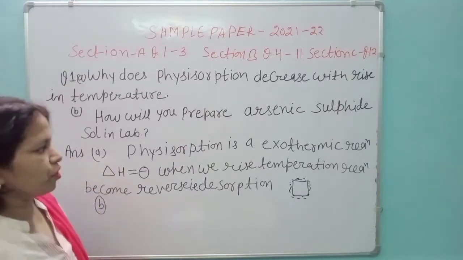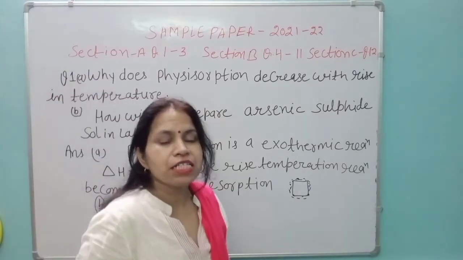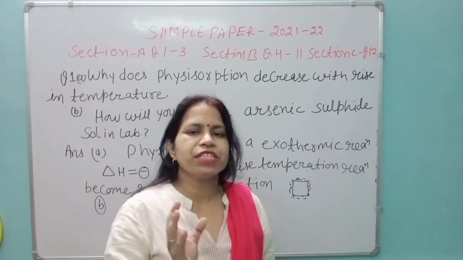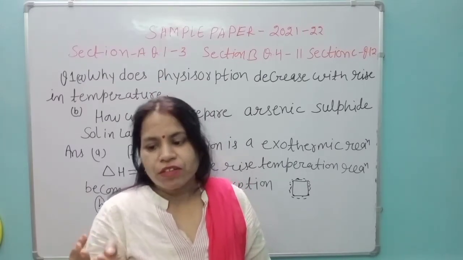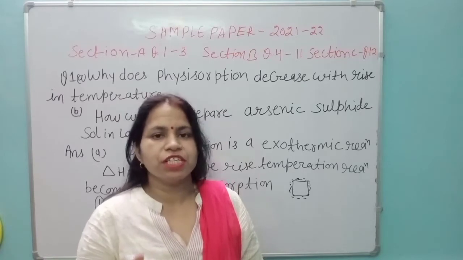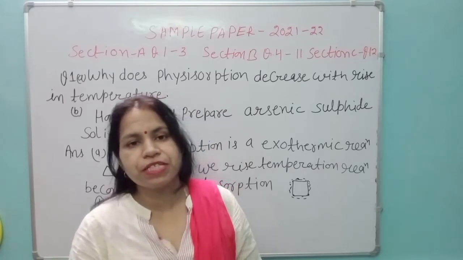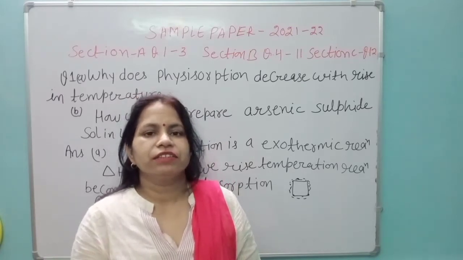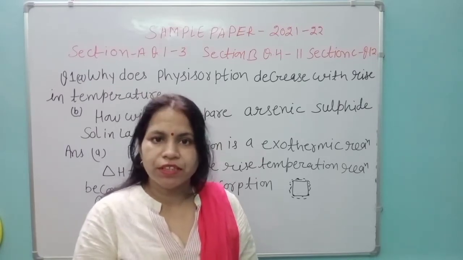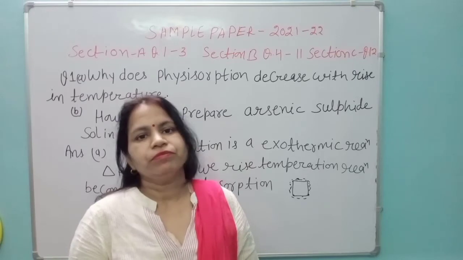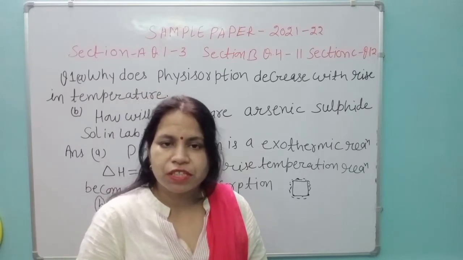Now let's see the second point. What is the second point? How will we prepare the arsenic sulphide sol? What is the meaning of sol? Sol means liquid and solid. There are two phases, dispersion medium and dispersed phase. Gel, this is gel, and sol. Sol means liquid is the dispersion medium and the dispersed phase is solid.